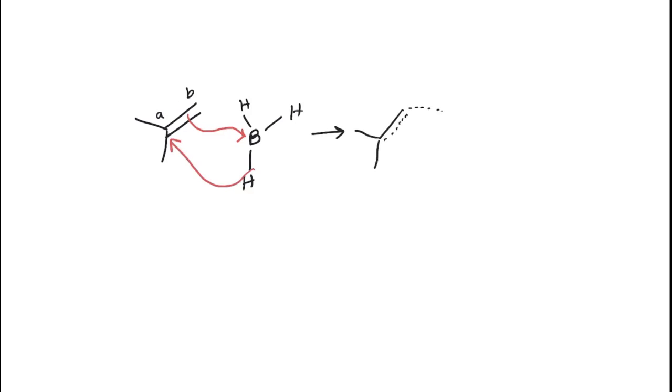A new sigma bond is forming with borane. The bond between borane and one of the hydrogens is breaking. And a new sigma bond is forming between that hydrogen and the more substituted carbon. In this transition state, there is a partial negative charge on borane and a partial positive charge on this carbon.